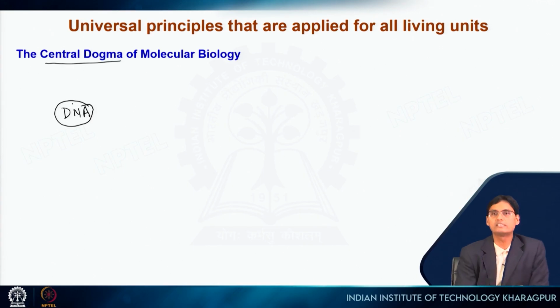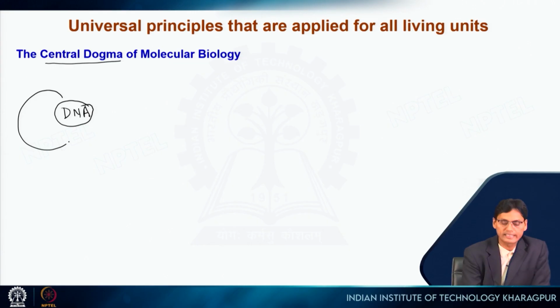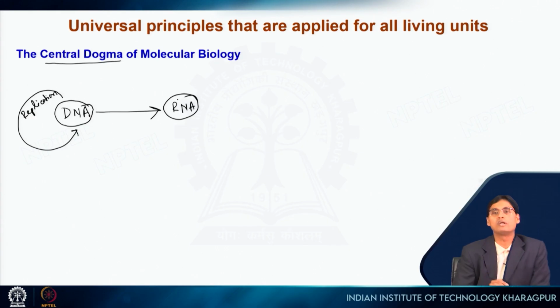So DNA is our genetic material. Now DNA can make DNA, right? And this process is called replication. And then DNA forms RNA, another polymer which is also made up of nucleotides.